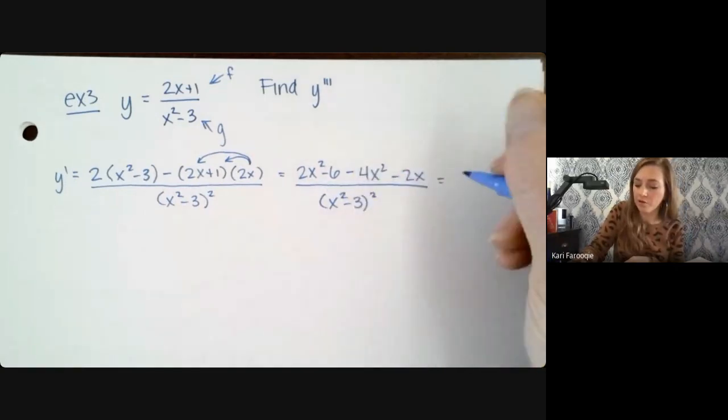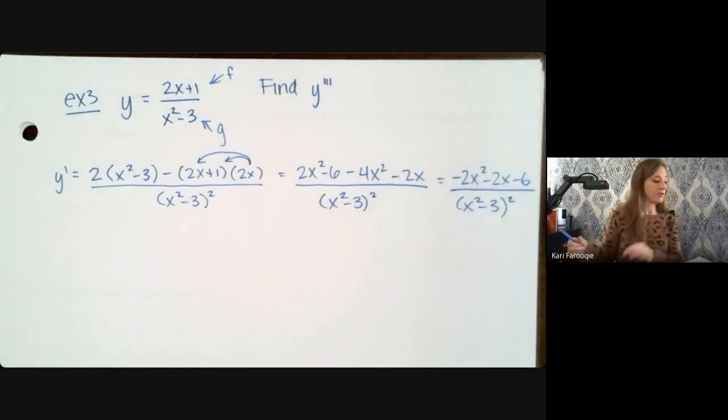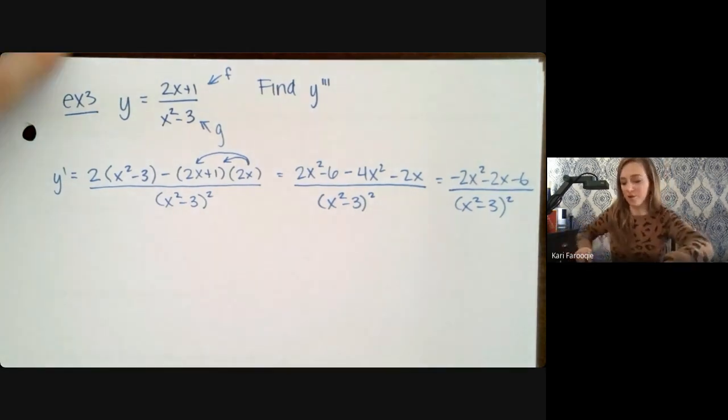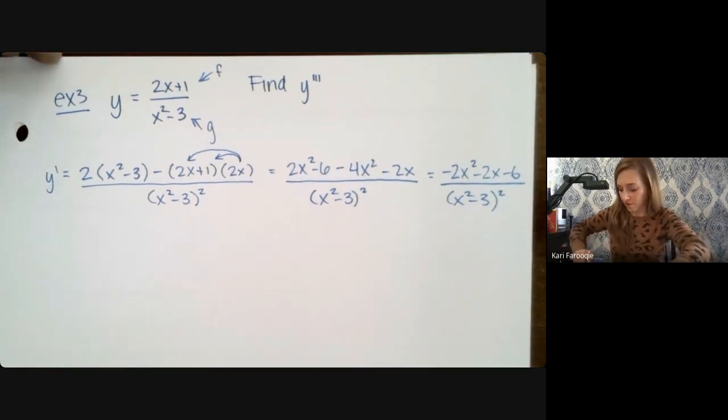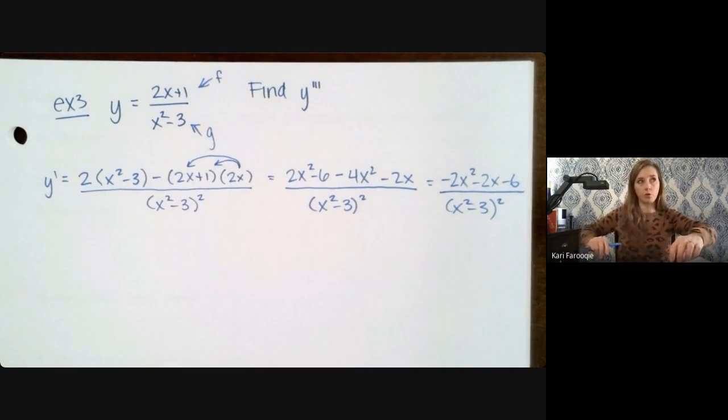2x squared minus 4x squared is negative 2x squared. And then we have minus 2x minus 6, all divided by x squared minus 3, quantity squared. Negative 2x squared minus 2x minus 6 divided by x squared minus 3, quantity squared. Okay, so you should have done these in 3.2 when we talked about product and quotient rules.